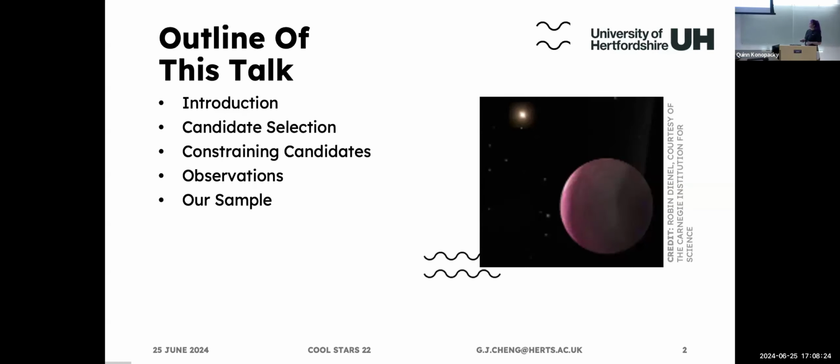So a quick outline of what I'm going to be talking about today: a quick introduction, not that I think it really needs it now we're at the end of the Splinter, but then I will outline our initial candidate selection, give a quick overview of how we constrained our initial candidates, summarize our observations that we've got so far, and run through our sample of T-dwarf companions.